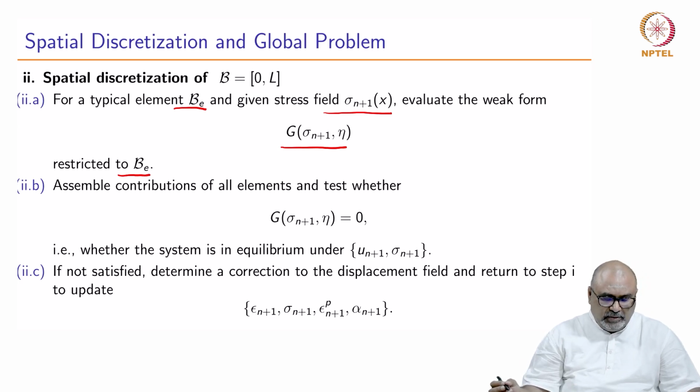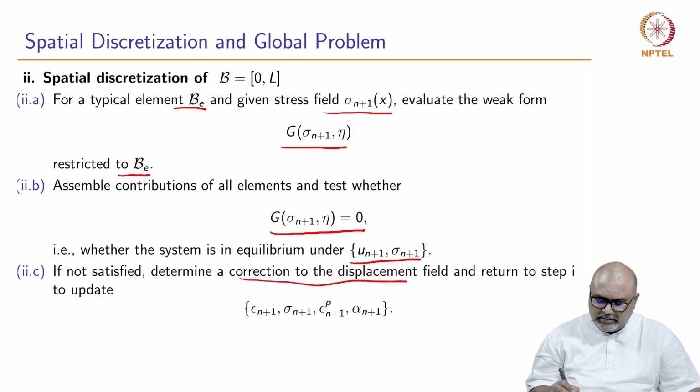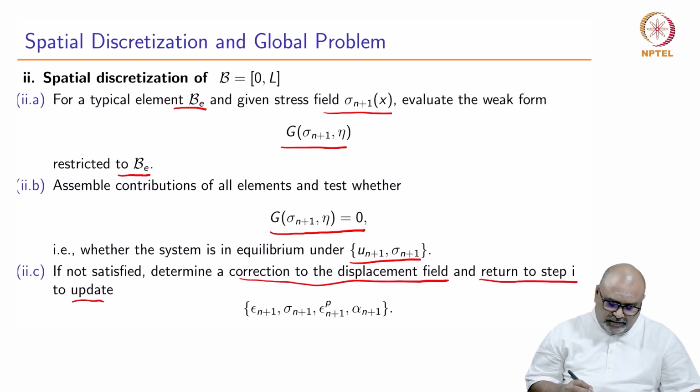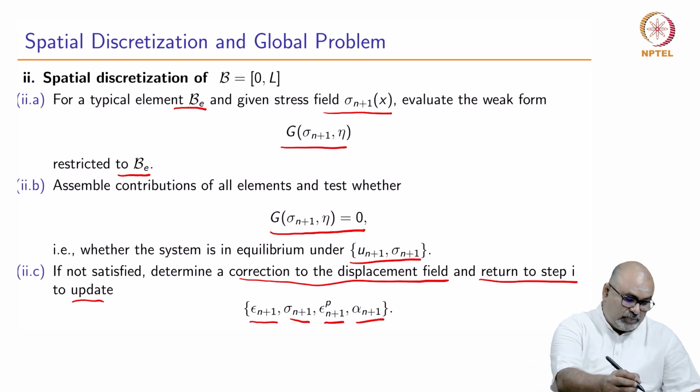Now, we assemble all the contributions of the elements and check whether g of sigma n plus 1 comma eta is equal to 0, whether the system is in equilibrium under un plus 1 and sigma n plus 1. If it is not satisfied, we determine a correction to the displacement field and return to step I to update epsilon n plus 1, sigma n plus 1, epsilon n plus 1 p, and alpha n plus 1.